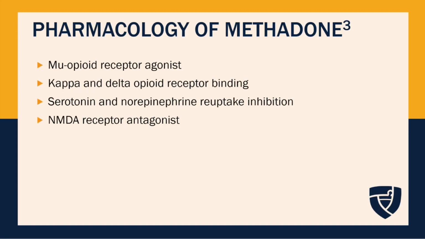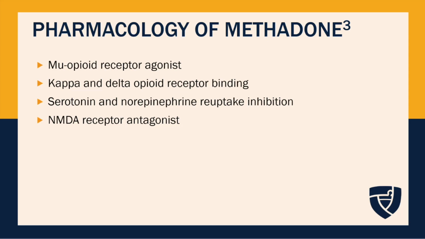Looking first at the pharmacology of methadone, it does hit mu opioid receptors in an agonistic way. So we do have direct mu opioid agonism, which helps with pain relief with methadone. It also has kappa and delta opioid receptor binding, which also can assist with analgesic properties of methadone.